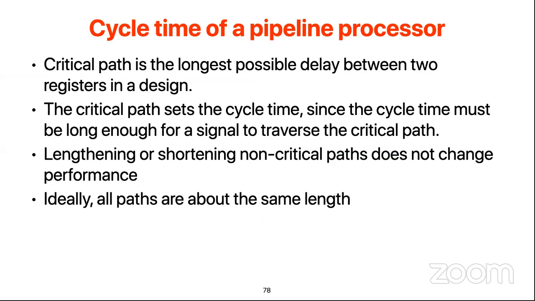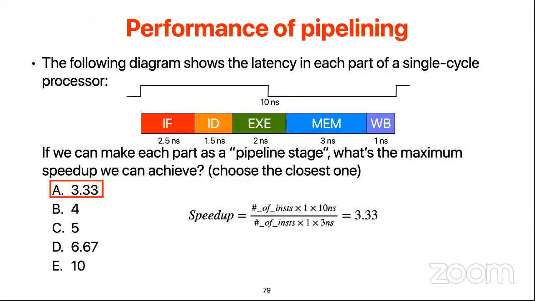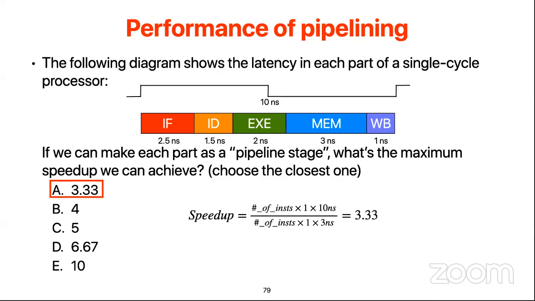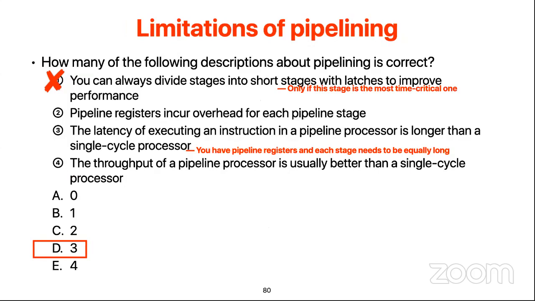And the cycle time of the processor is decided by the critical path, or say the critical stage in the pipeline. So given the original design like this, you have to fix the cycle time at 3 nanoseconds, and the maximum speedup, using the equation we gave you, can only be 3.33, right? And so here comes the limitation of the pipeline.